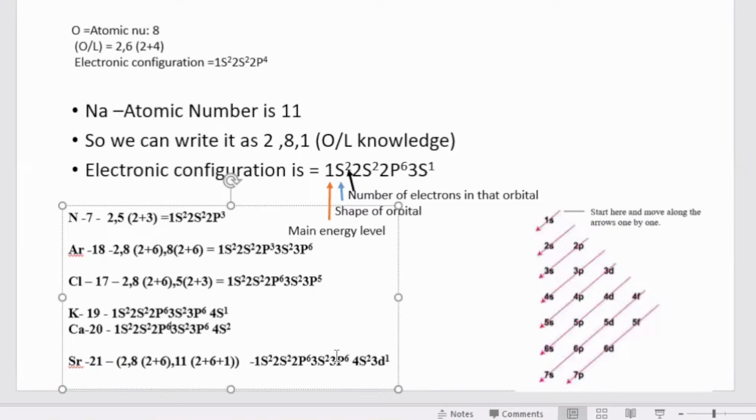For the fourth energy level, it has something you need to know.